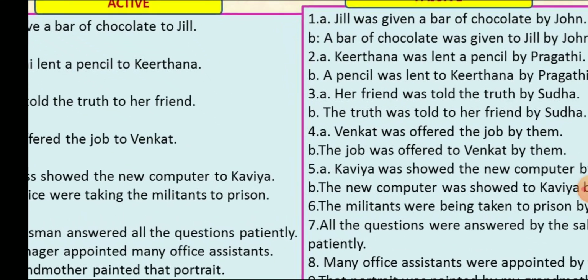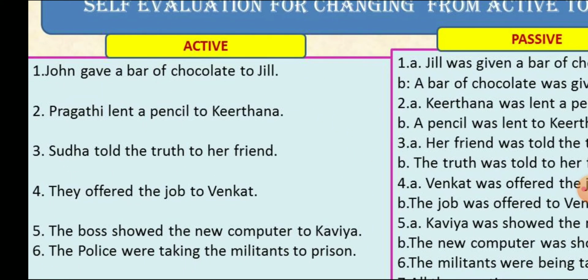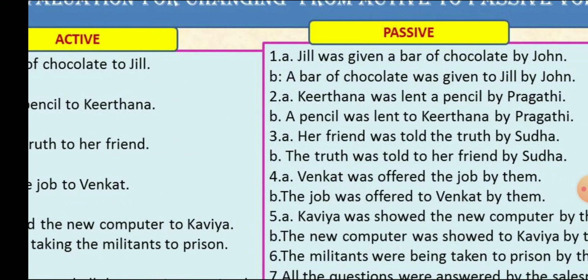More examples. John gave a bar of chocolate to Jill. Here two objects are given. A bar of chocolate is direct object and Jill is indirect object. So here we can make a bar of chocolate the subject in passive, or Jill the subject in passive. So in two forms I have given.